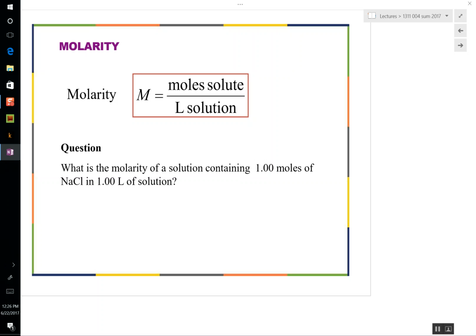So if I took my 58.44 grams of sodium chloride and divided it by 100, I would have 0.5844 grams of sodium chloride.